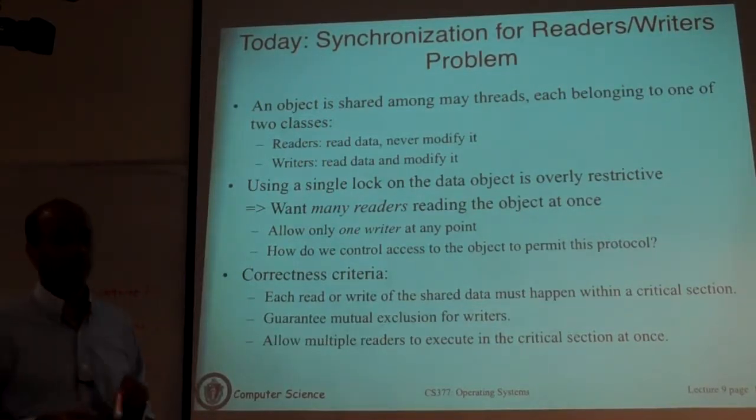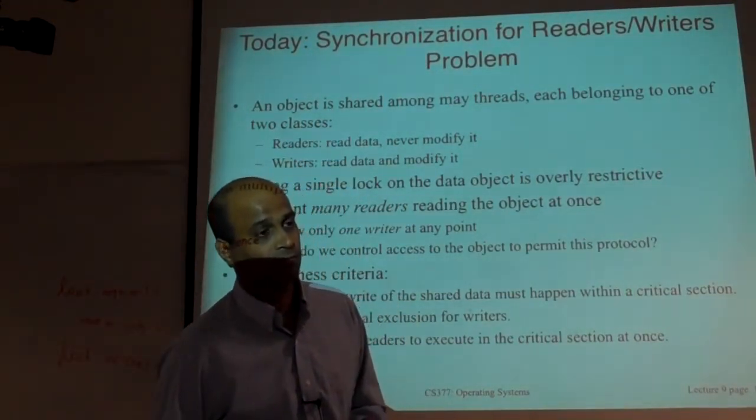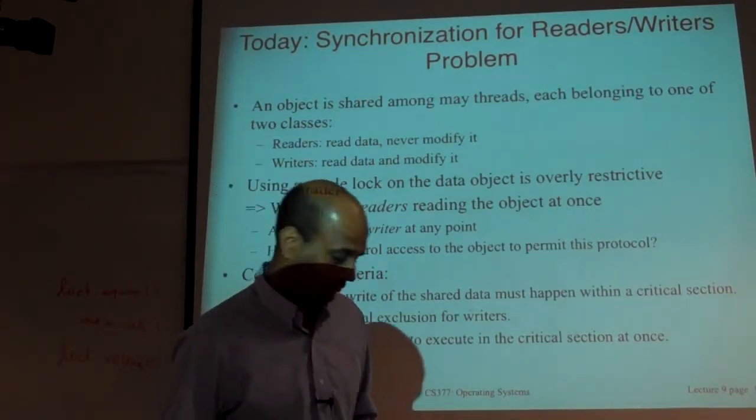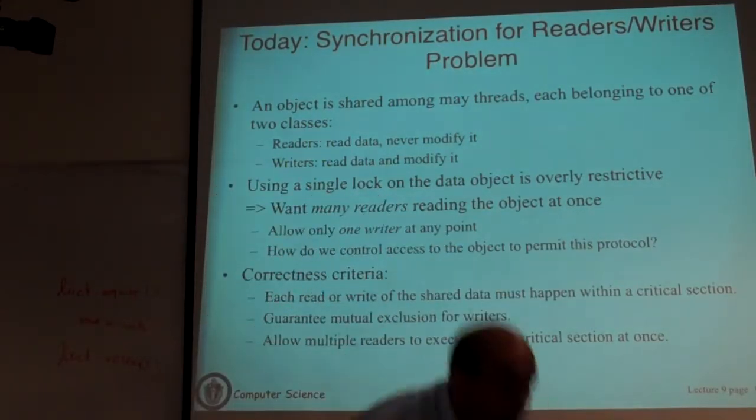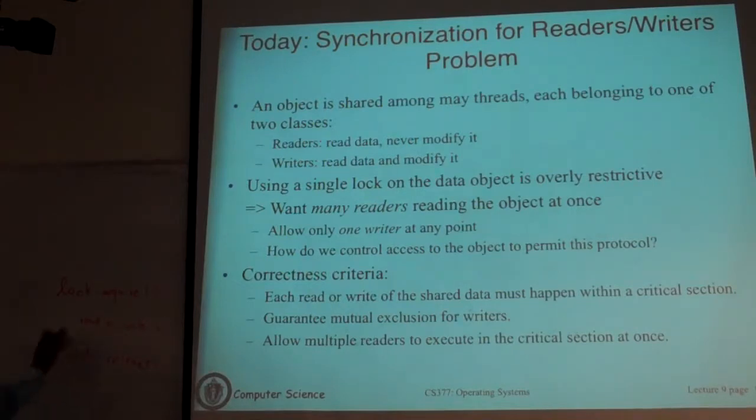From what I can tell so far, it seems like there should be no restrictions on reading at all, and you don't need any kind of data structure to restrict that. But you do need something like a semaphore to provide mutual exclusion for a writer. So I'm going to take that observation and put it down.